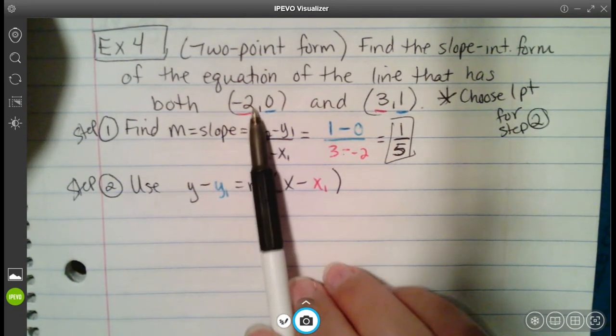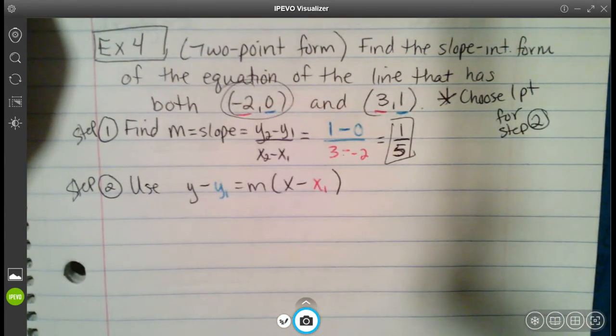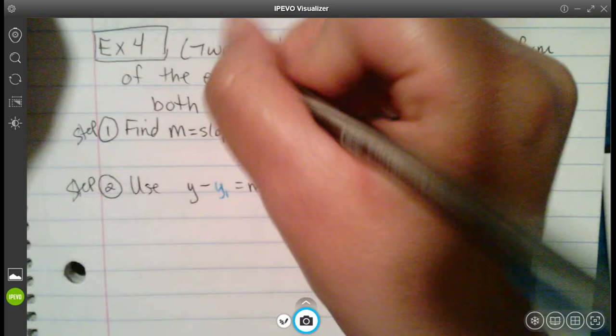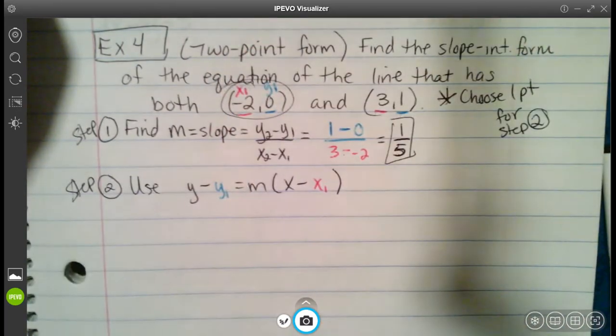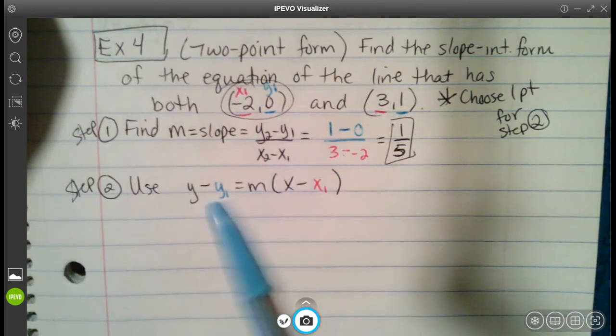I'm going to choose this one because I see a 0 there. So in this case, this is now x1 and this is y1. Okay, so we're going to use those values and this m for this equation.